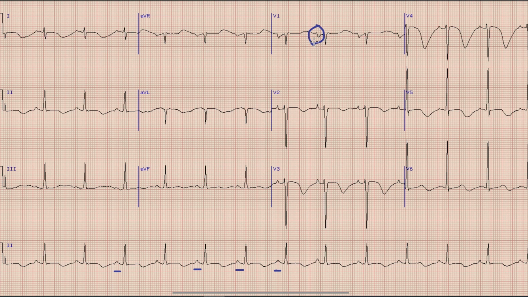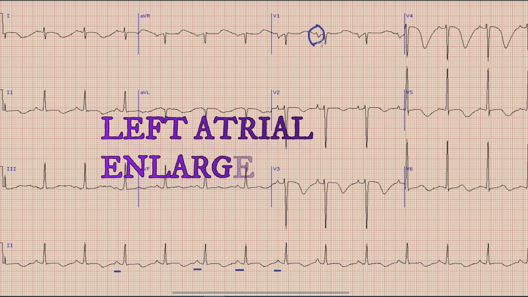This is a biphasic P wave with a small initial positive portion and a deep wide terminal portion. Presence of such a P wave in lead 2 and lead V1 means that this is a left atrial enlargement.